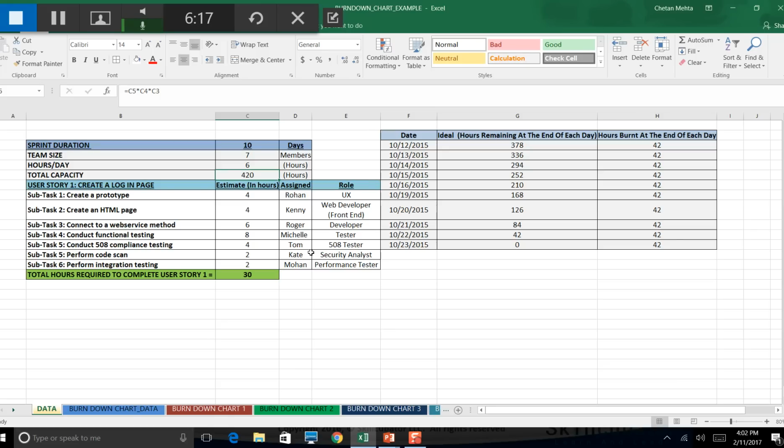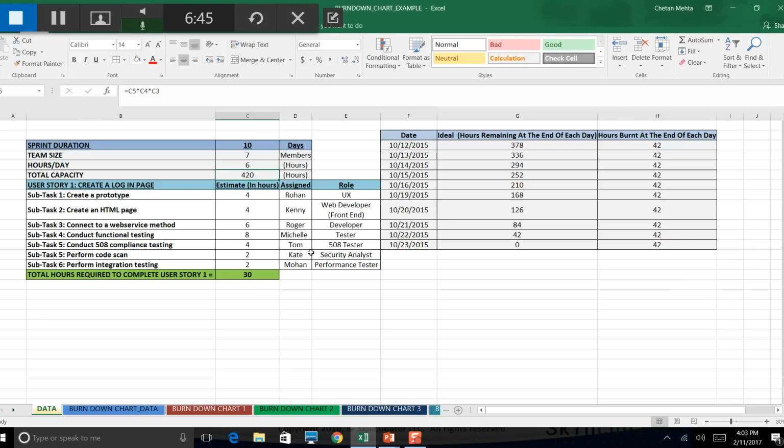So in the real world you would keep 15 to 20% of buffer, but here we are going with an assumption that each team member will be giving us 6 hours of work each day. So if we have 7 people in a team, I get 420 hours in the entire sprint. 6 times 7 is 42, times 10, 420.